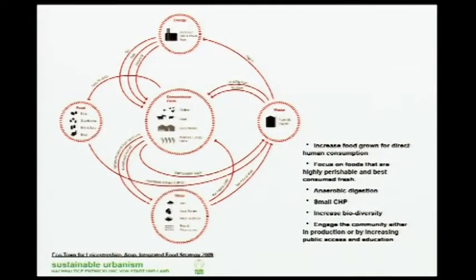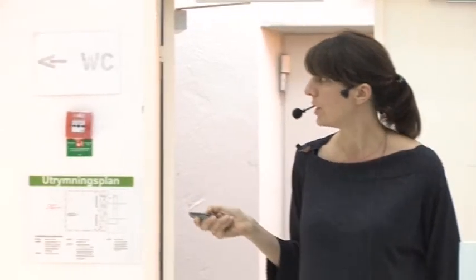And you would look at other parts of the system, such as the food system and how that interlinks maybe with the energy system, the waste system, and even water, and how you could actually reuse and recycle within the system in order to reduce the overall energy consumption of the food system in this example.